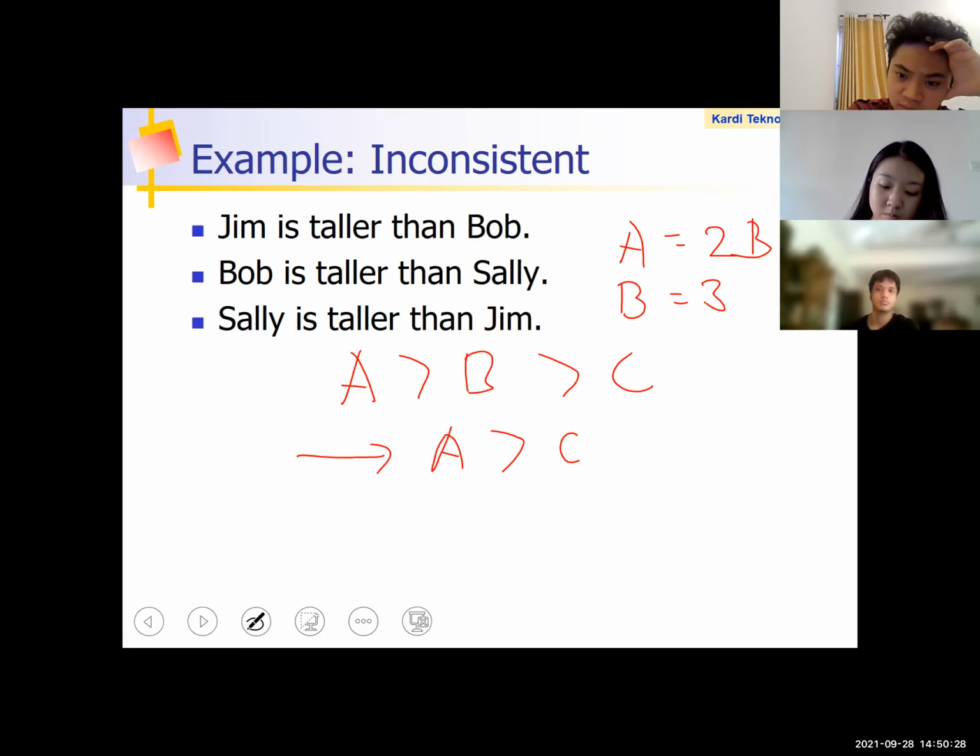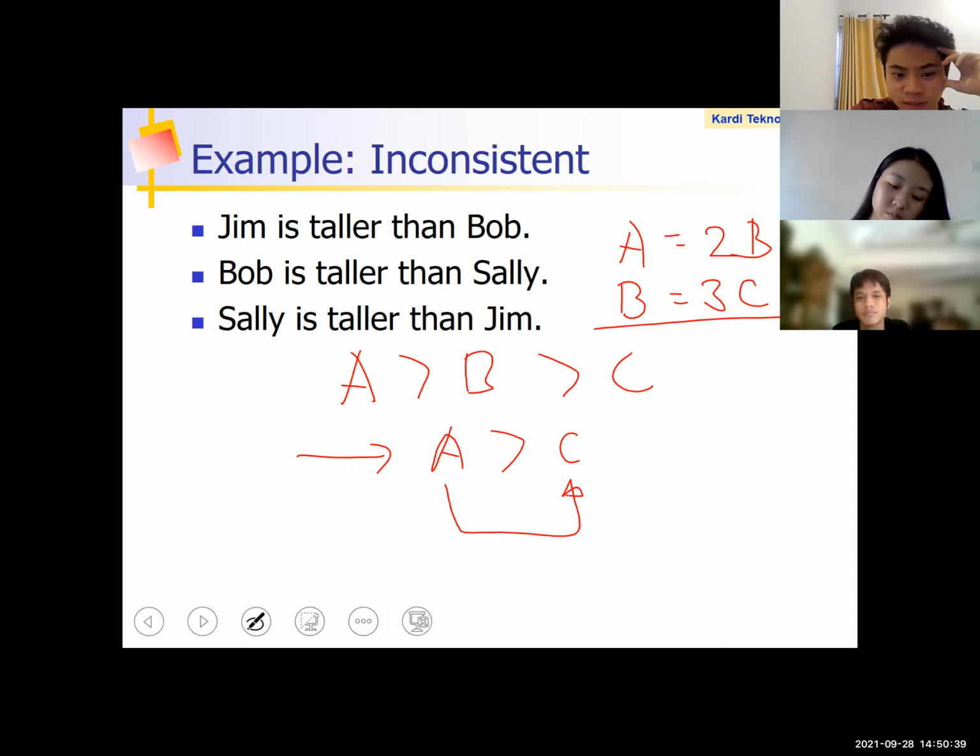I like banana 3 times more than cherry. My question to you: how much do I like apple more than cherry, to be consistent? 6.